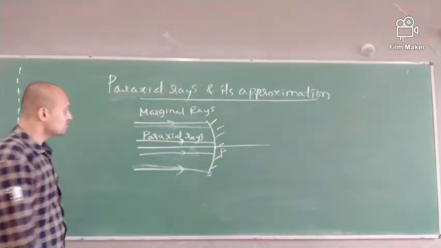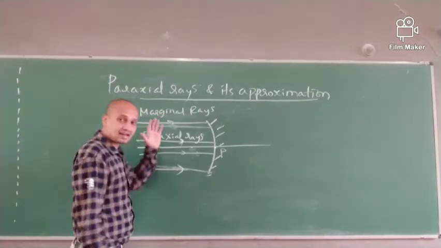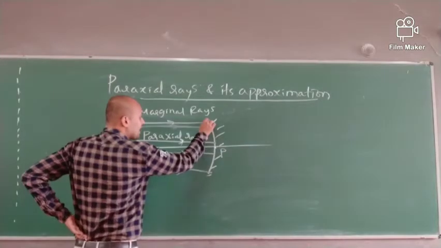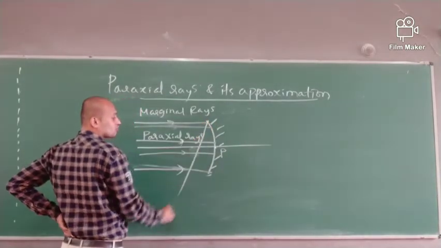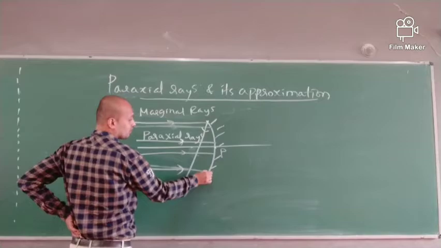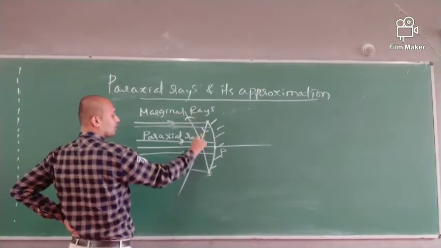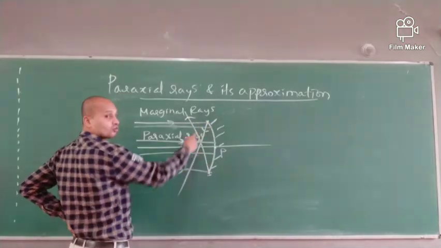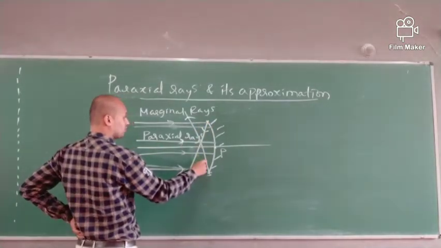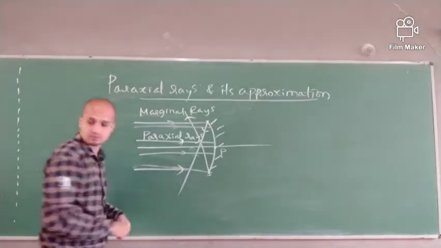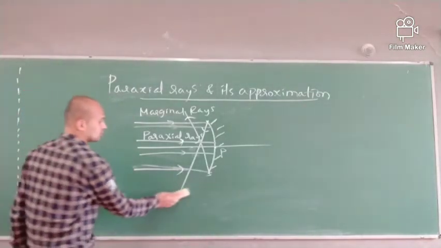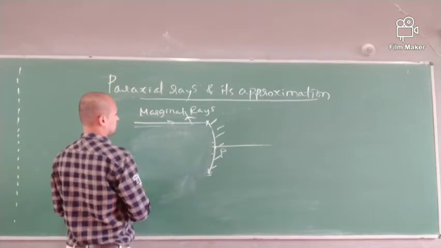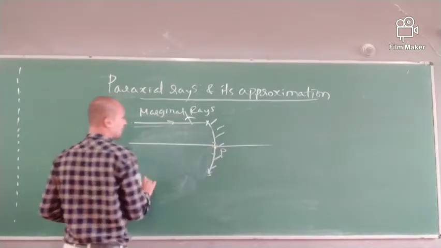Now, what exactly happens in reality is, if this is a spherical mirror, there are two focus points which are going to form. Let us take the principal axis.